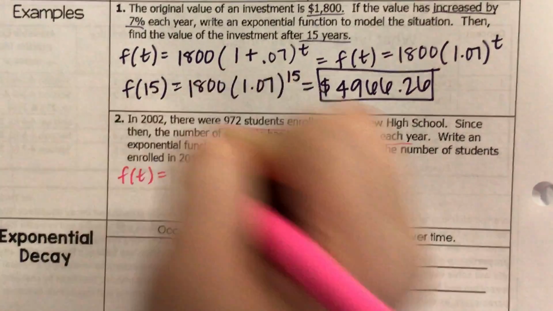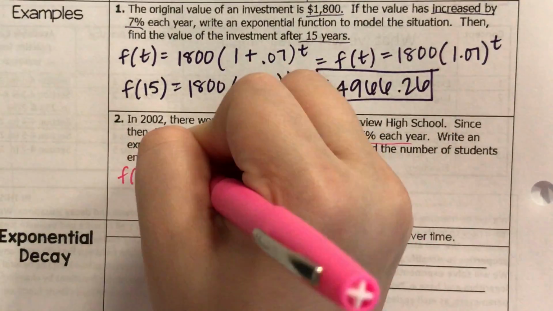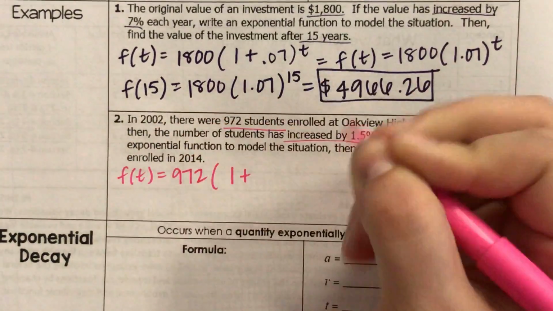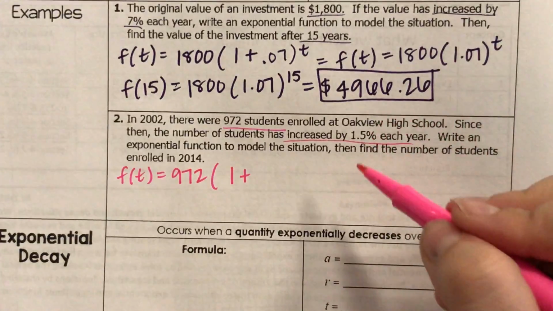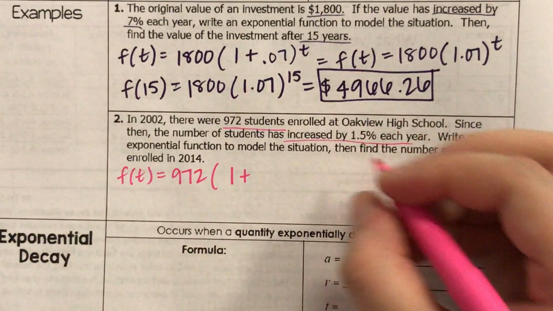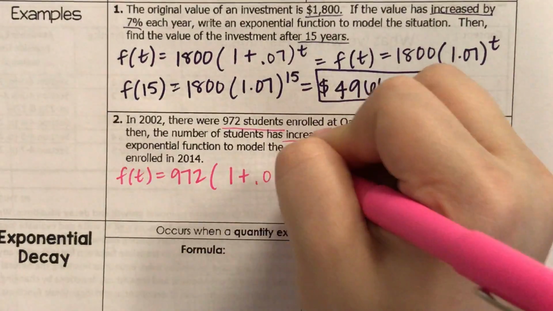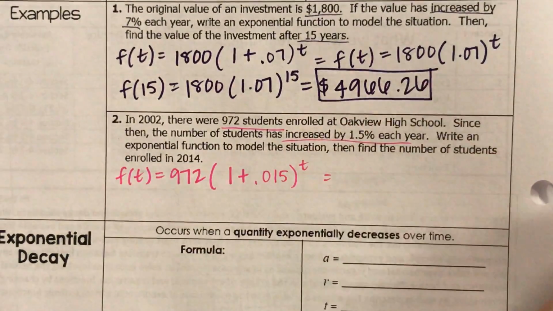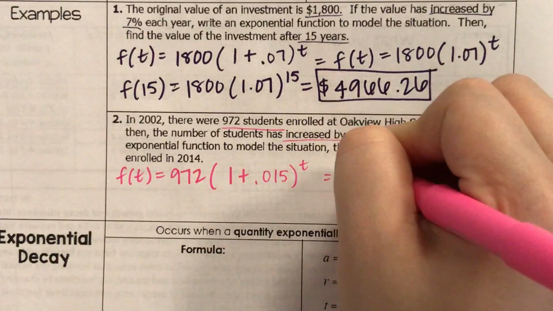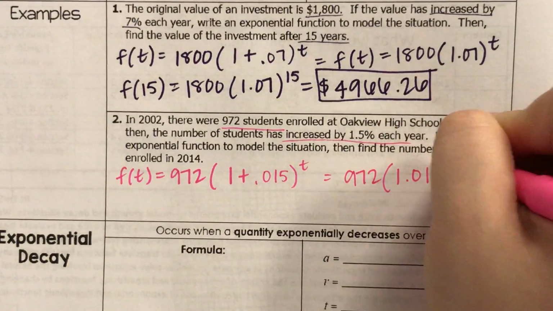F of t equals, our initial amount is 972, times 1 plus our rate, which is 1.5%. We move that decimal place over two spots, so it becomes 0.015, to the power of t. So our function is 972 times 1.015 to the t power.